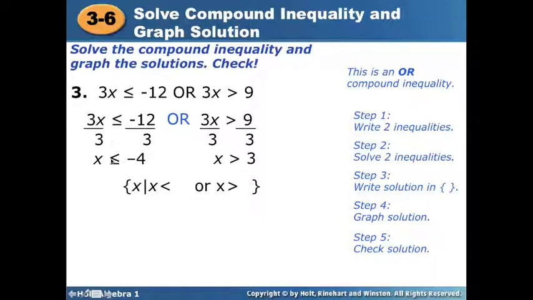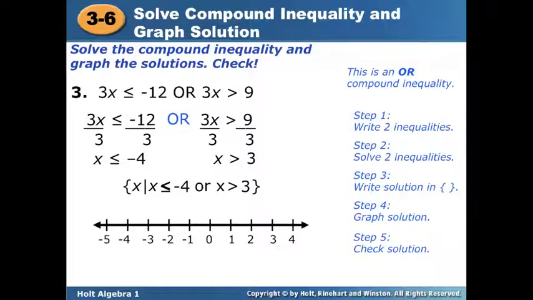Notice for the -4, we need to have the equals to line. So put that in your set notation, less than or equal to with that -4, and then x is greater than 3 is our larger number. Set notation always is least to greatest.